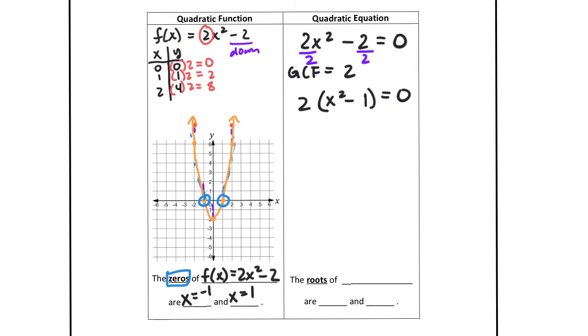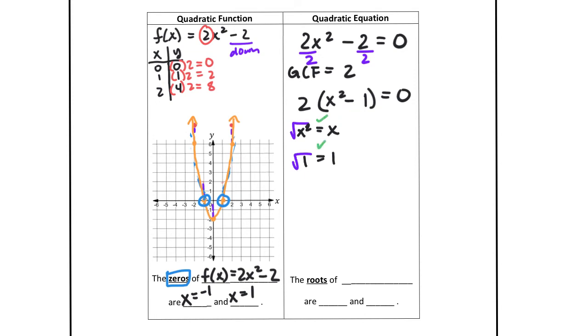Then the next thing I would ask is, this part that remains, is it a difference of squares? Is it a perfect square trinomial? Is it a table method? So what's left in parentheses, it looks like a difference of squares. So the difference of squares, we would ask ourselves, can I square root the first term? Yes. Can I square root the last term? Yes.